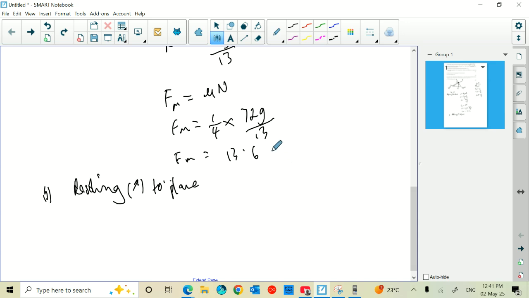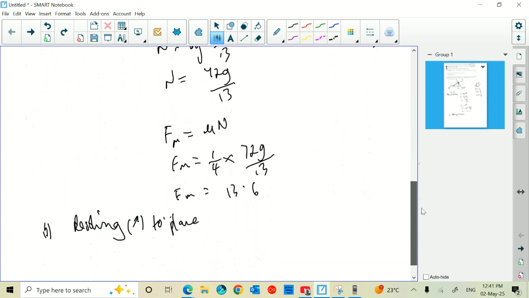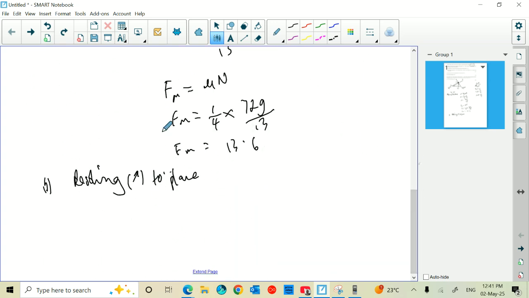So F is equal to MA, the resultant is F equals MA, Newton's second law. Friction is going against the motion, so that's minus F max. Let's write all these forces in.